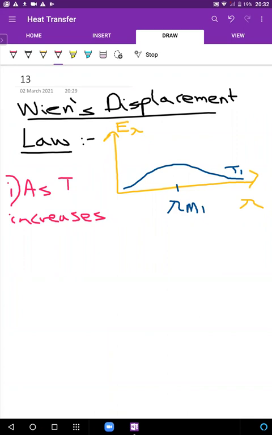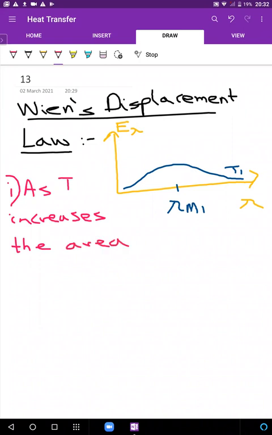Will energy emitted per unit area per unit time increase or decrease? We just talked about this. As temperature increases, the emissive power will increase. Energy emitted per unit area per unit time will increase. So as temperature increases, the area under the graph will increase, because what does the area under the graph represent?